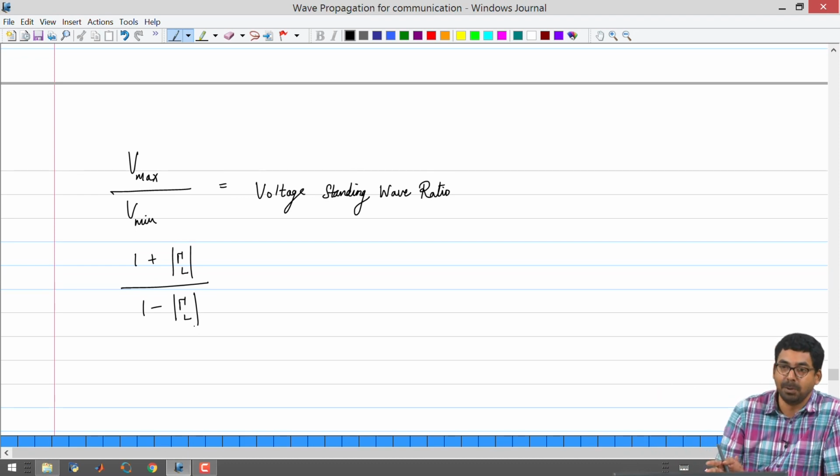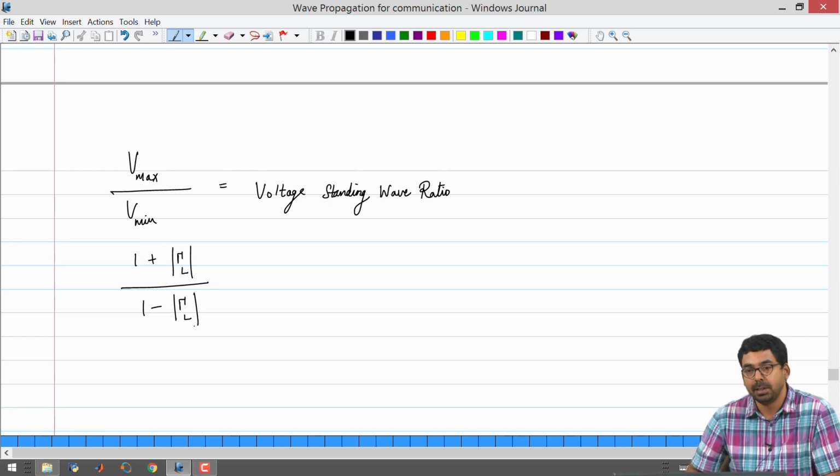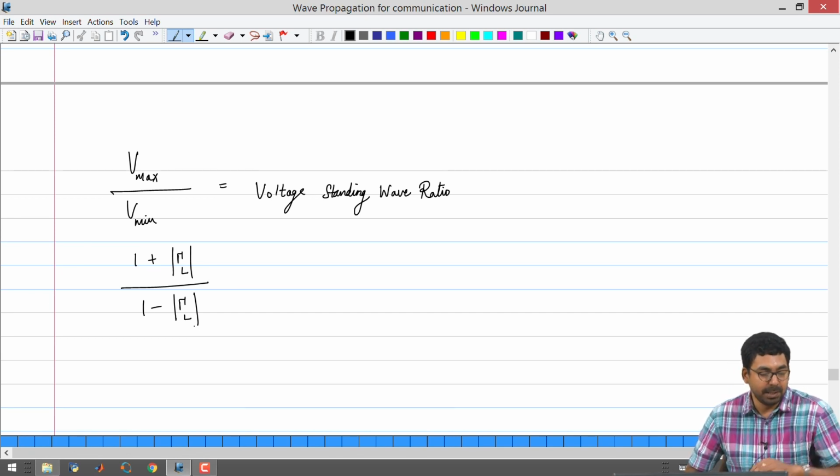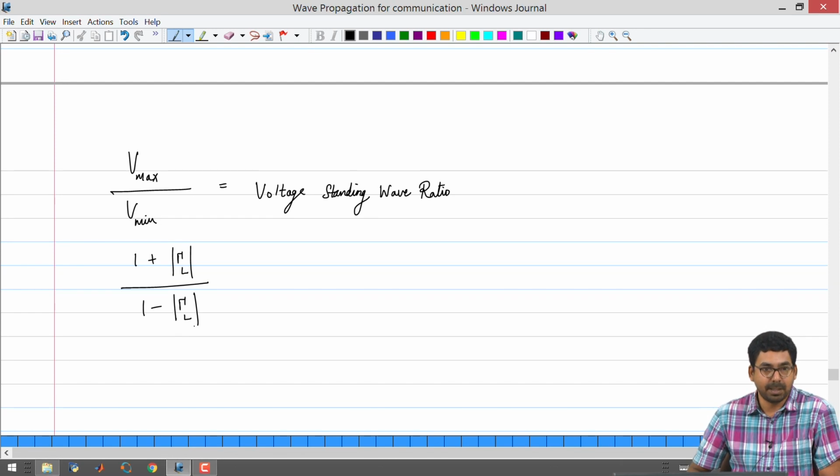That will be the maximum voltage. The minimum depends upon the difference between the two, so you will have 1 minus mod gamma L. This ratio is referred to as the voltage standing wave ratio, and it is important in ascertaining the kinds of terminations your transmission line is having.